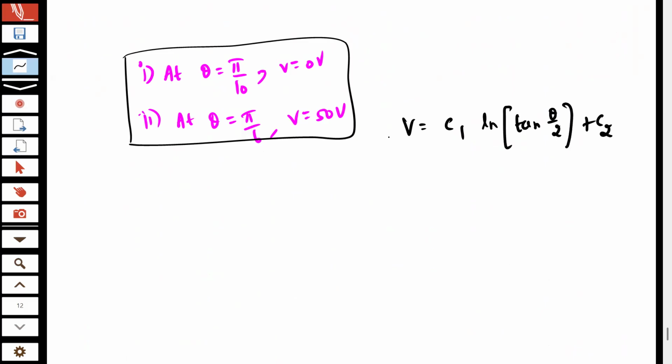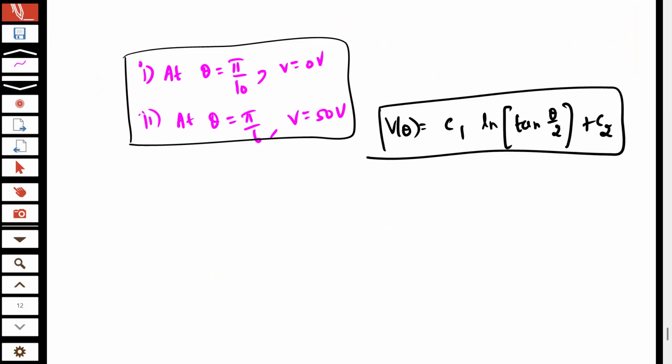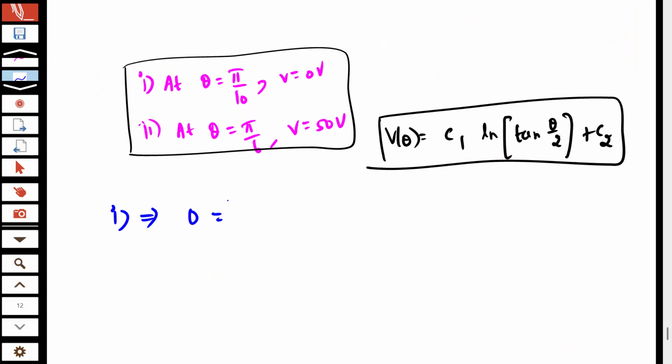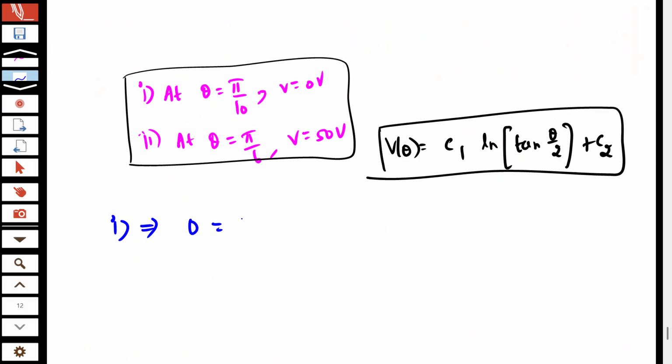So this is the potential, which is a function of theta. So now in this, we have to apply these set of boundary conditions to get C1 and C2. First boundary condition, if I apply, V will be 0 equals C1 into logarithm of tan theta by 2.